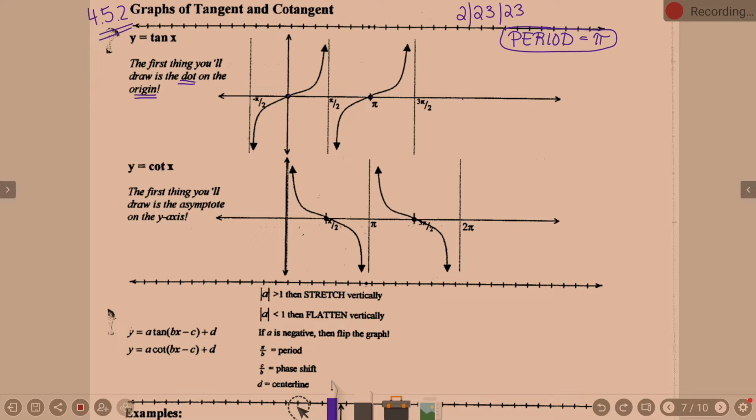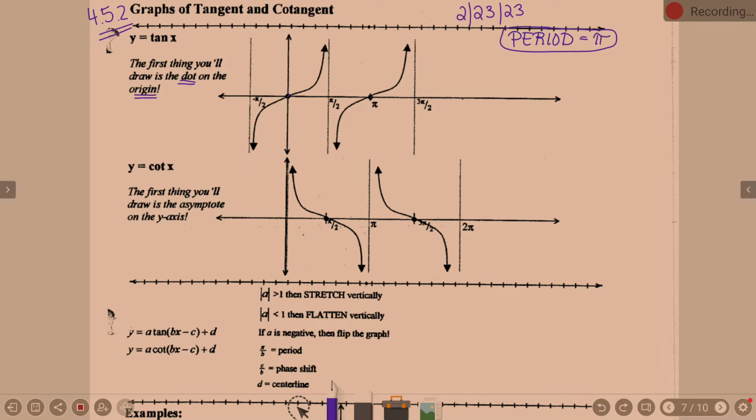Or we can also look at asymptotes. Here we have an asymptote at negative pi over 2 and an asymptote at pi over 2. The distance between negative pi over 2 and pi over 2 is pi, which is the length of a period. So one period is one curve, whether you think about it going from asymptote to asymptote or point to point.